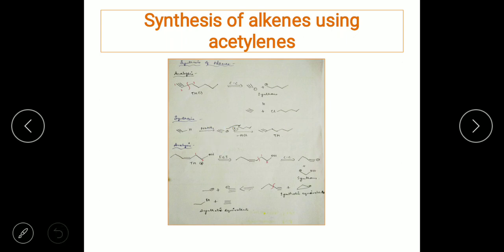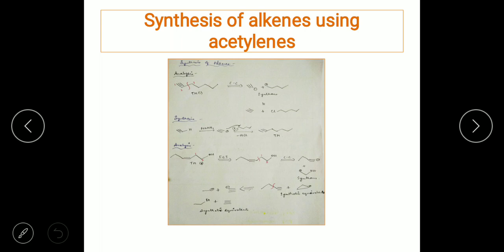Now this further reacts with an alkyl halide. As we know, the nucleophilic carbon attacks the electrophilic carbon, the carbon bonded to chlorine. As chlorine is highly electronegative, the carbon attached to chlorine is electropositive, and hence this acetylenic anion attacks the electropositive carbon, with elimination of chloride ion.